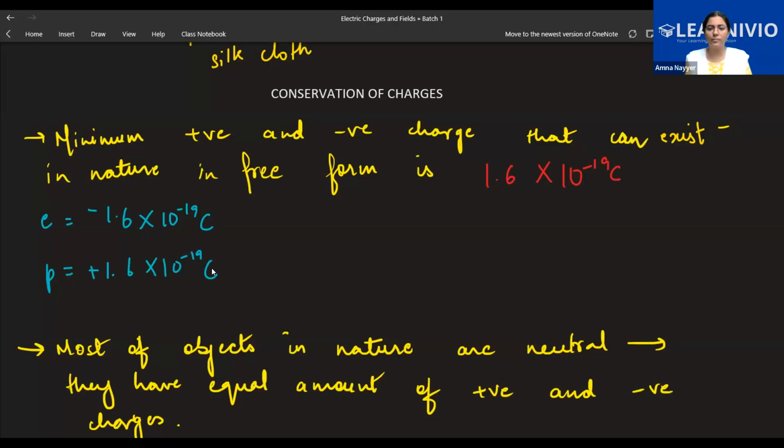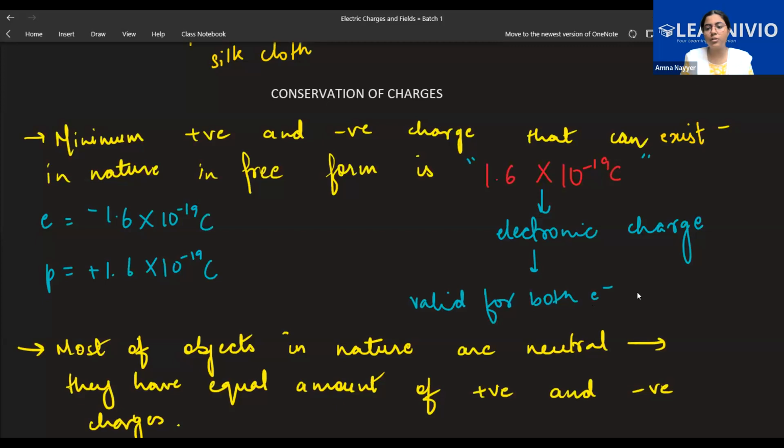So this value 1.6 into 10 to the power minus 19 is known as the electronic charge, and it is valid for both electrons and protons. This value is represented by the symbol e also.